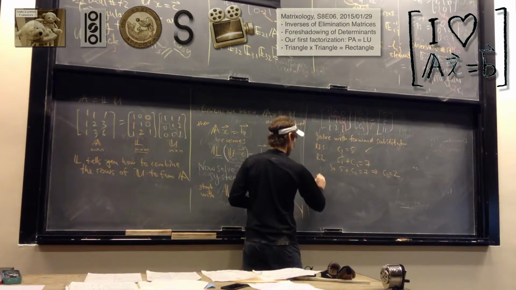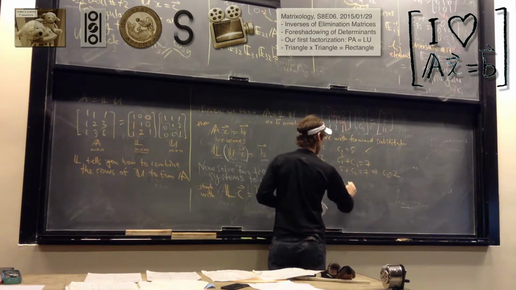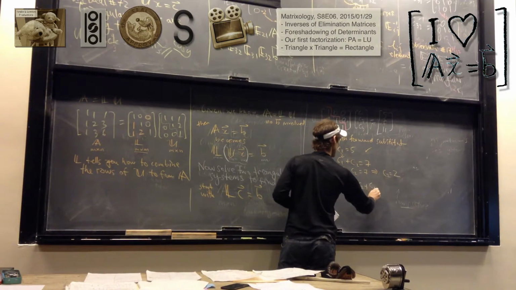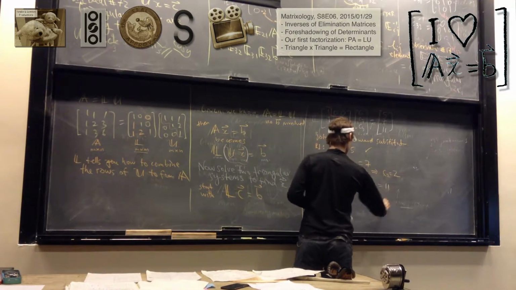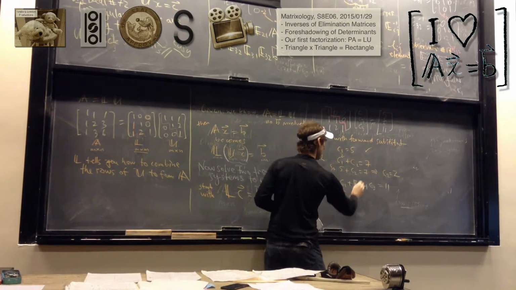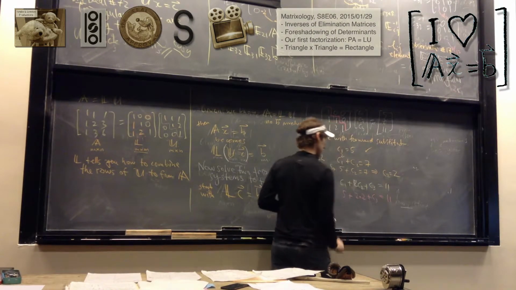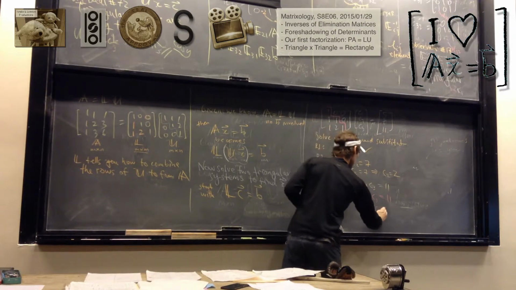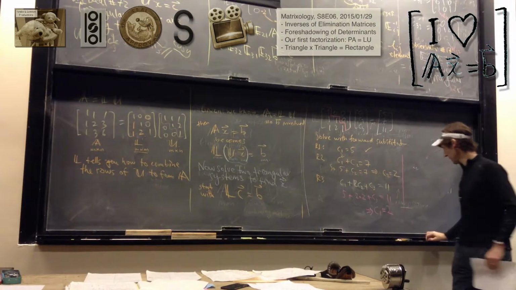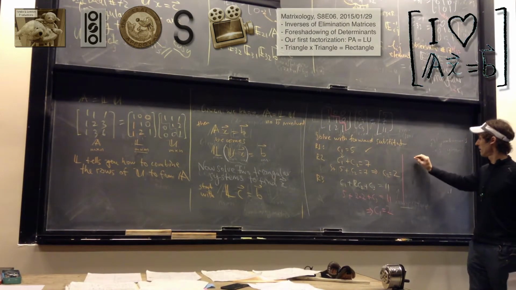And last is row 3, so we're moving down, and we have c1 plus 2c2 plus c3 equals 11. We substitute our pieces in: 5 plus 2 times 2 plus c3 equals 11. So this is 9, and c3 equals 2. We need to concentrate a little bit sometimes; it's easy to turn this list of numbers upside down.